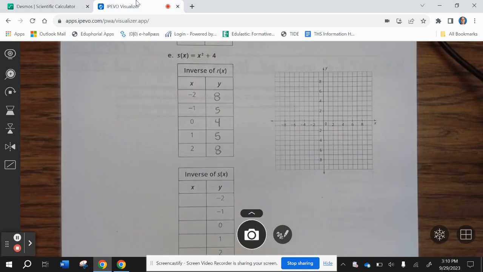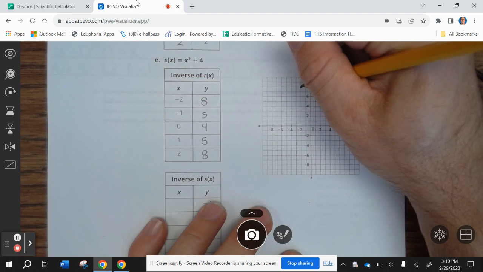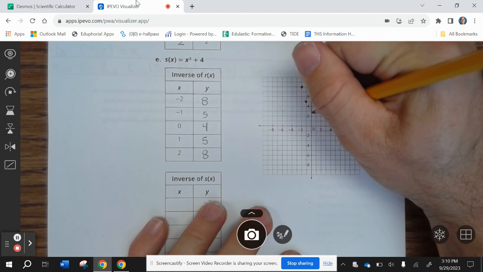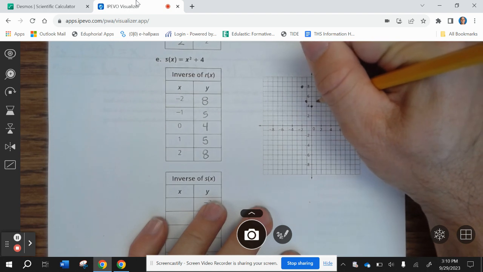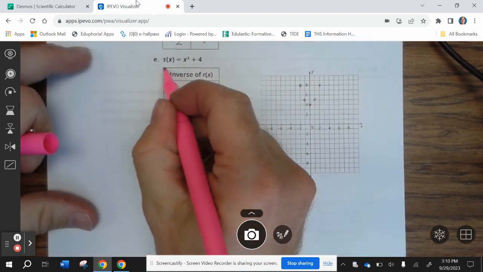All right, let's graph those points. So -2, 8, -1, 5, 0, 4, 1, 5, 2, 8. Let's graph that in pink.